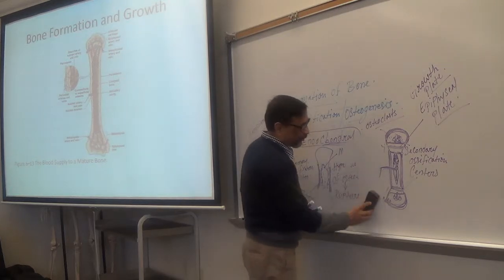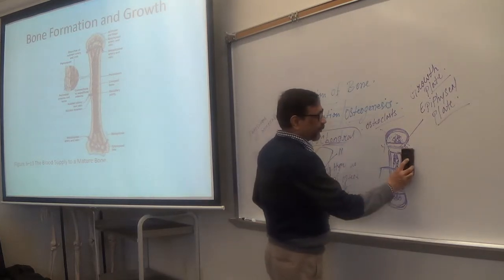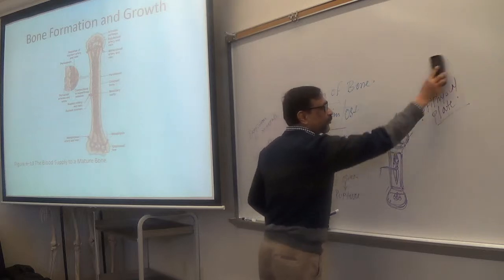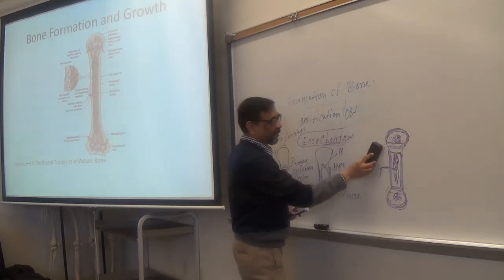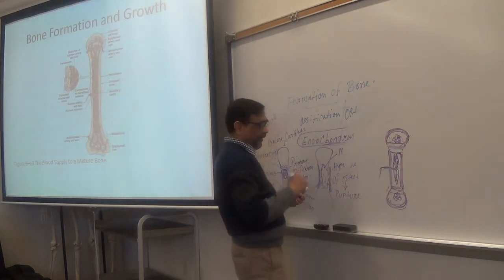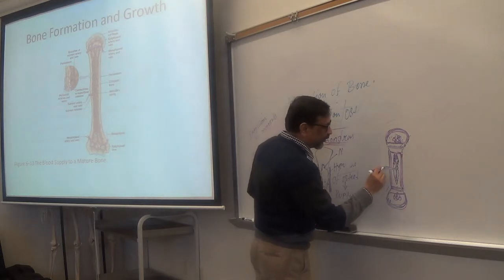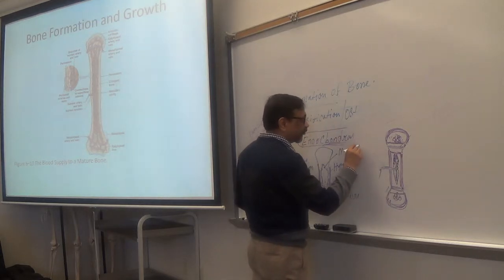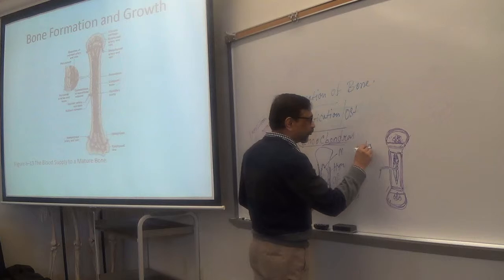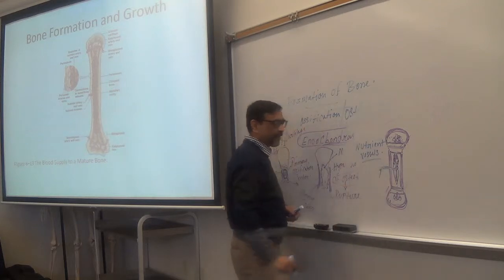So, let me draw here. So this is a long bone, and through the middle of the shaft, nutrient vessels, okay, artery and vein.